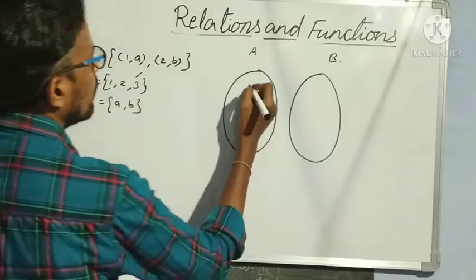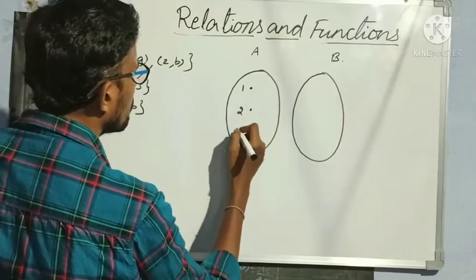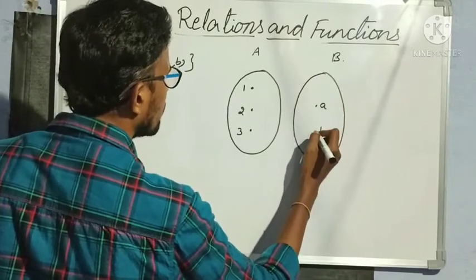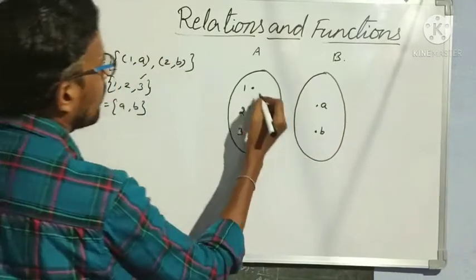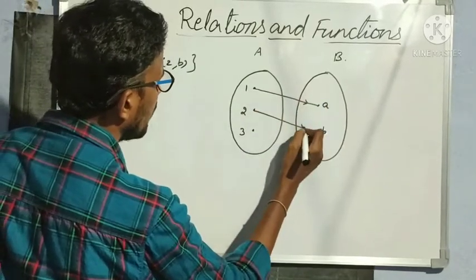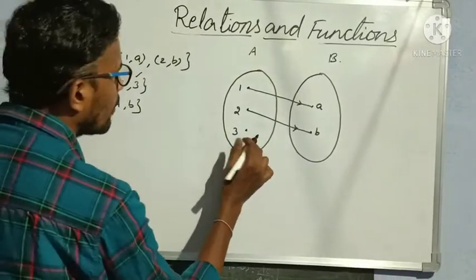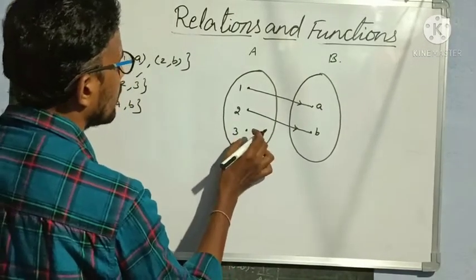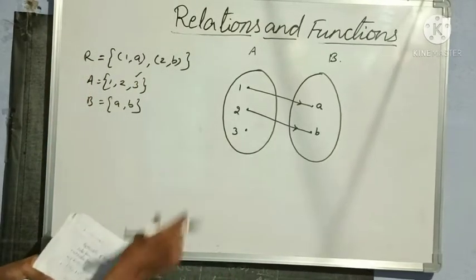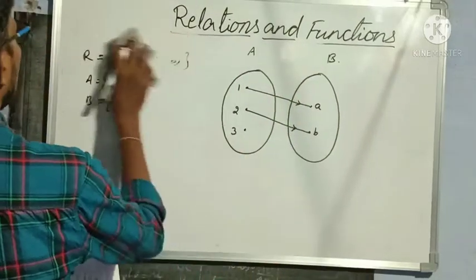So here I should write the 3 elements as they are, 1, 2, 3, and in B, A and B. And now we have to map, that is 1 to A and 2 to B. This is our arrow diagram. Even when 3 does not have any mapping, we should still represent 3 in our set A. Understood? This is what I wanted to explain. Okay? Next, let us see representation of relation.